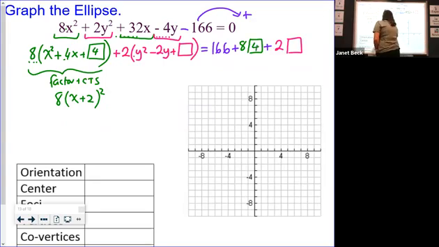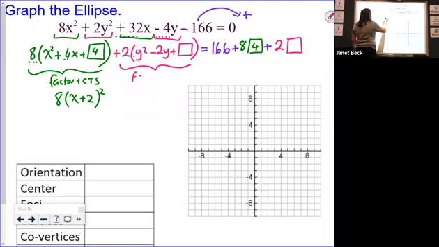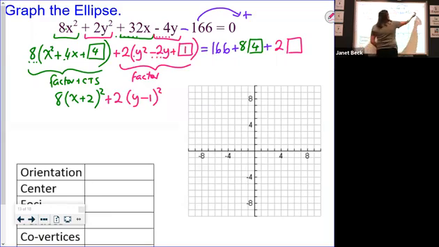Now I do the same for this. So I'm going to factor that. Don't lose the fact you've got a plus there. 2 times, that would be y minus 1 squared. Half of that is negative 1. Square negative 1, you get plus 1. Put that on the other side.